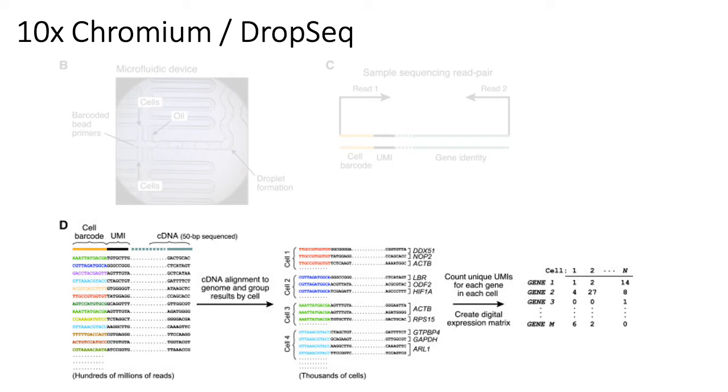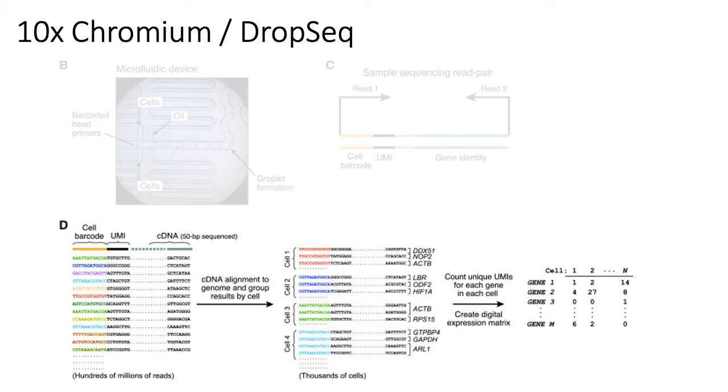Even if certain cDNA molecules get amplified more often than others, you'll be able to tell what that amplification bias is, because if, say, the first cDNA molecule was amplified 10 times more frequently than the second one, you'll see the UMI barcode for the first cDNA molecule get sequenced 10 times more than the second one.